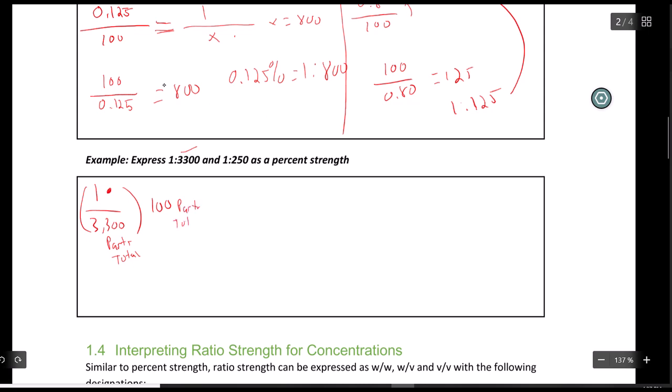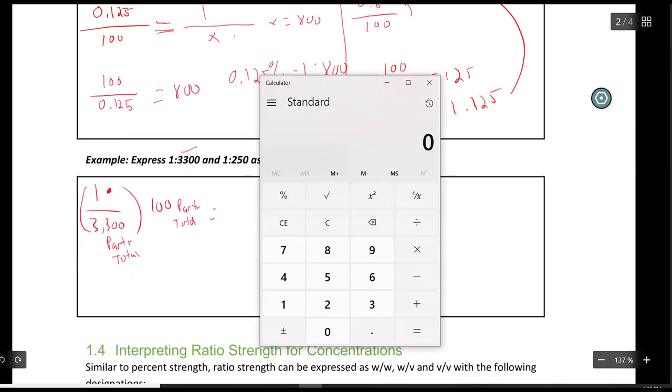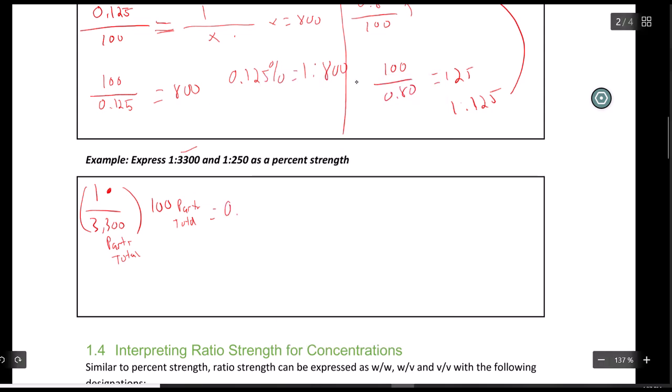We want to know, well, how much of this stuff here is there in 100 parts total, or 100. So take 1 divided by 3300, and you multiply that by 100, and we get 0.0303 basically. So 0.0303%.